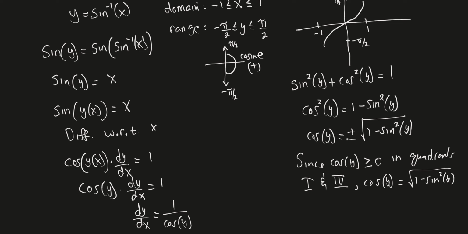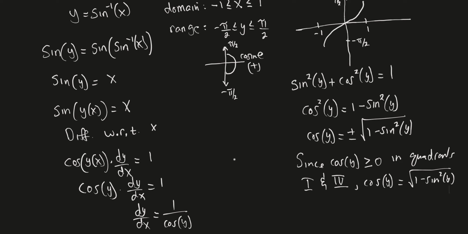We're able to get rid of that negative sign because of this range. And that's why it's so important to have these fundamental properties in mind, because they tend to come up as you work through other problems.